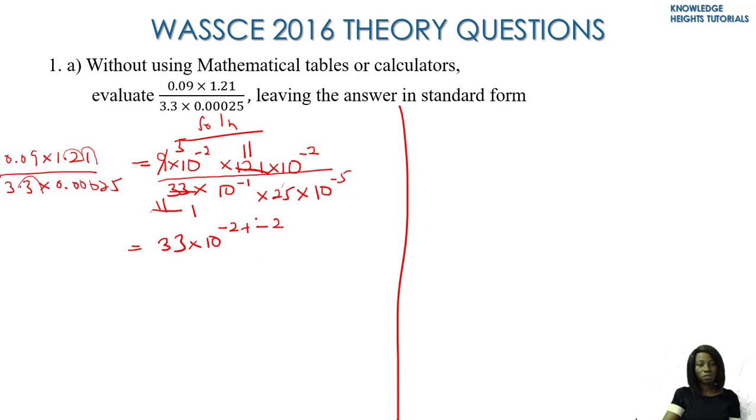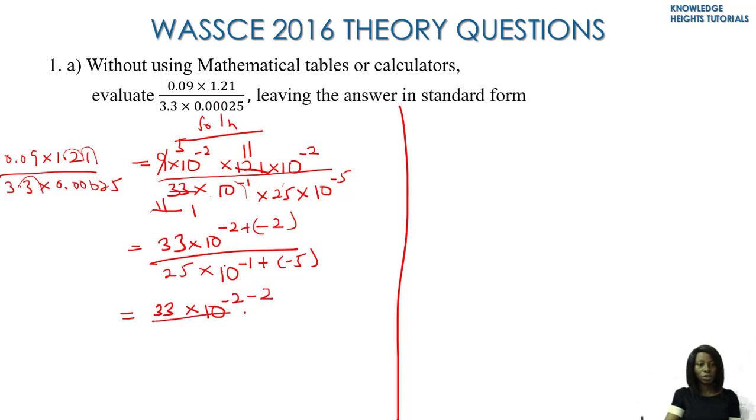So -2 all over 25, because 1 times 25 will give us 25, times this one to have the same base. They are multiplying, so we are going to add their exponents. So we have -1 plus -5. This is equal to 33 times 10 exponent -2. Positive and negative will give you a negative.